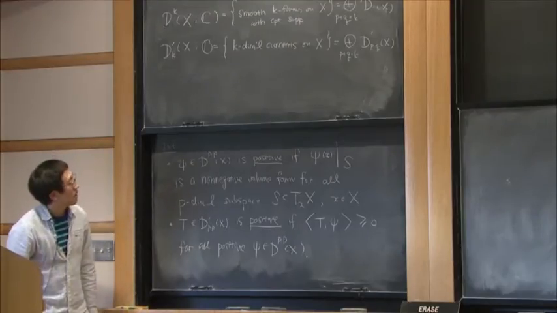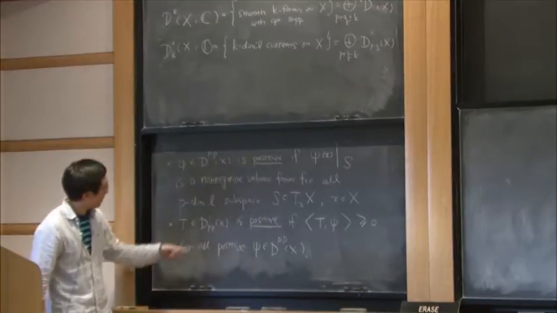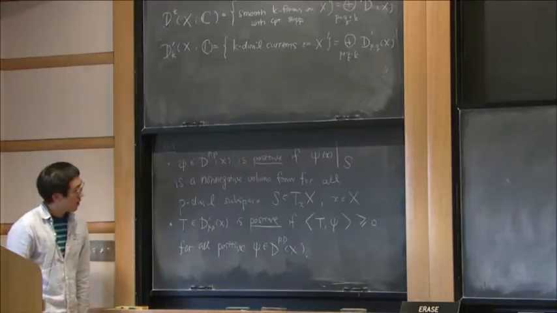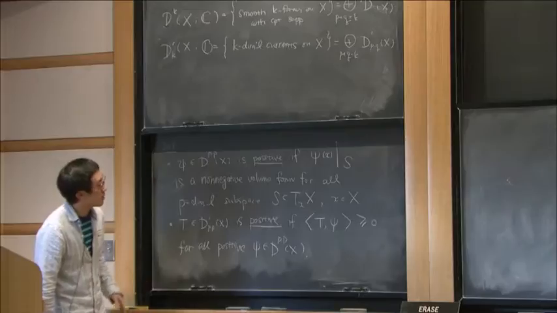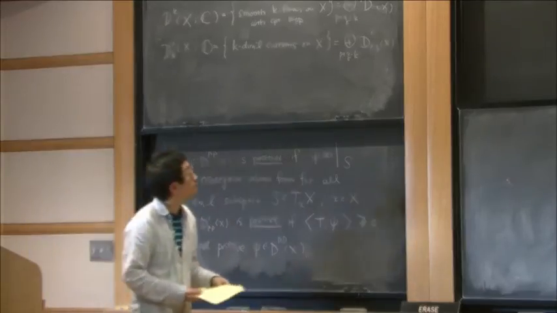Yes. So the first notion is sometimes called weakly positive, and dually the second notion is sometimes called strongly positive. But this will be the only notion of positivity in this talk, so I'll just refer to them as positive forms and positive currents.